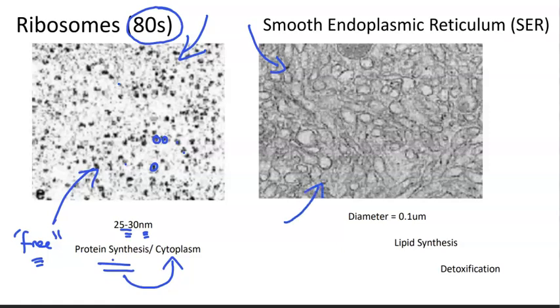This is endoplasmic reticulum without the ribosomes. We call this smooth endoplasmic reticulum. Diameter is about 1 micron. The purpose and function of these is lipid synthesis. Lipids, of course, are oils and fat molecules.